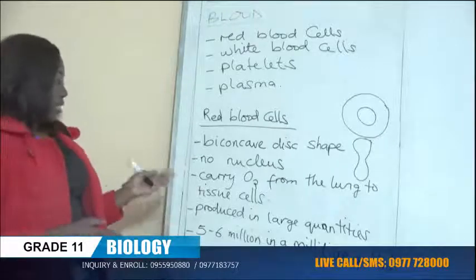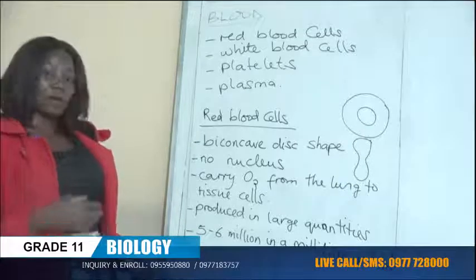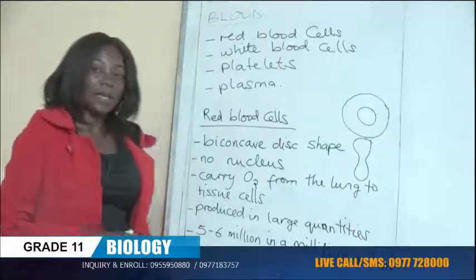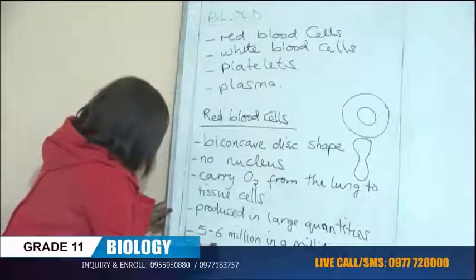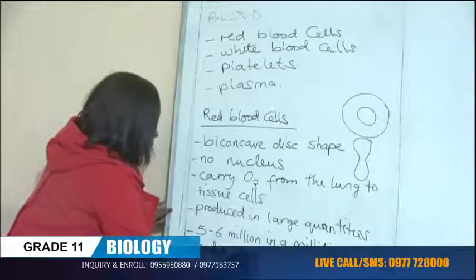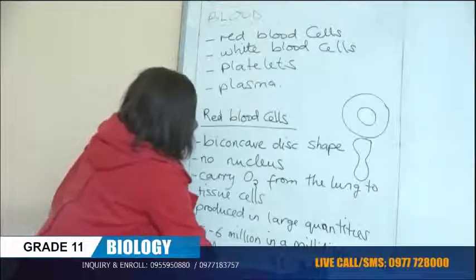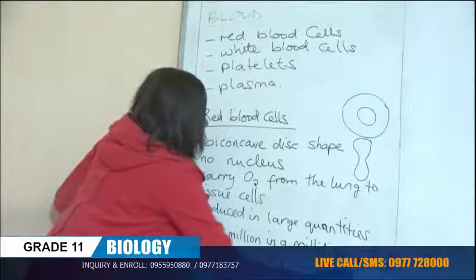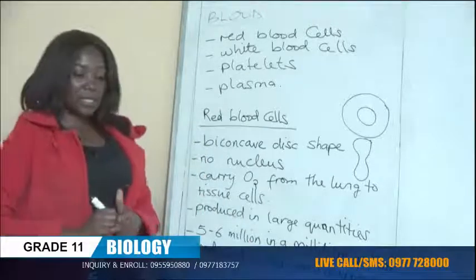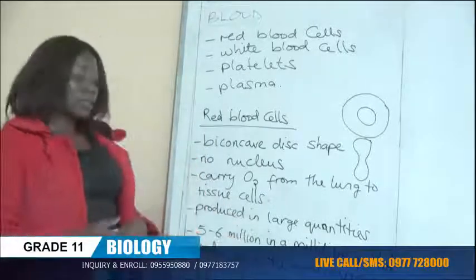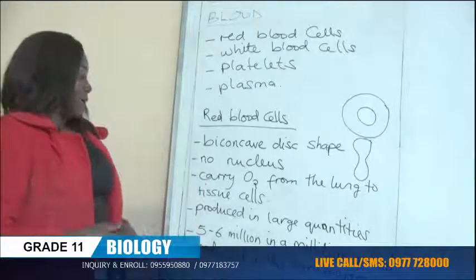They are produced in large numbers. About 5 to 6 million red blood cells are found in a milliliter of blood. They are produced in the bone marrow of adults, but can also be formed in the liver in babies.